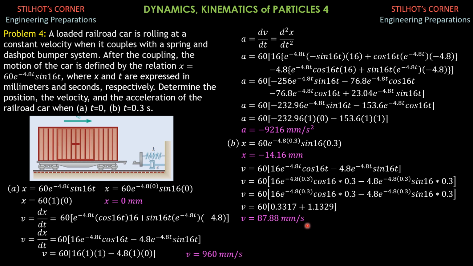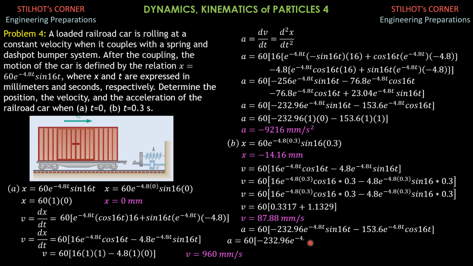Then finally, for acceleration, we have the expression for acceleration, 60 times negative 232.96 e to the negative 4.8t sine 16t minus 153.6 e to the negative 4.8t cosine of 16t. Substitute t equals 0.3.